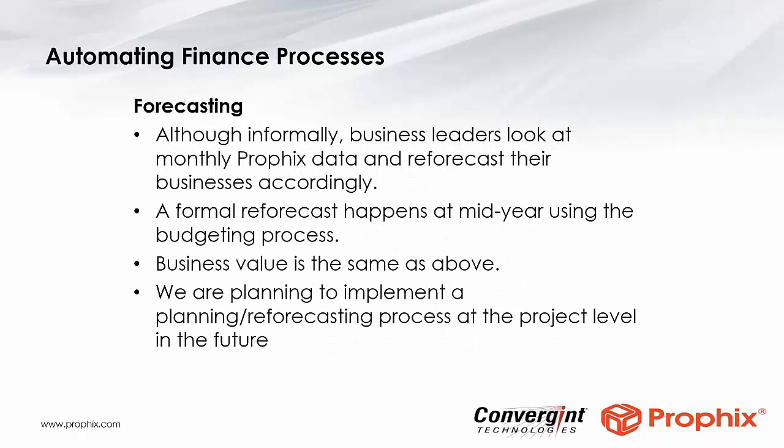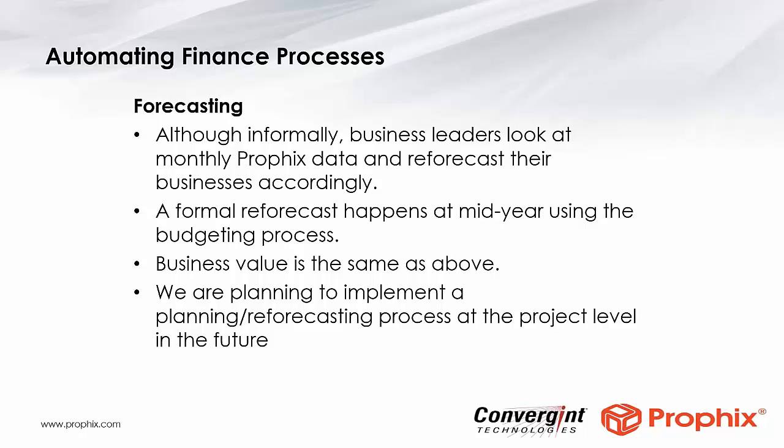I touched a little bit on our forecasting. The business leaders look at their monthly Profix data and reforecast their business accordingly. We do this reforecast at mid-year, and we use the very same budgeting process. We call it Bud 2. The first one is budget, and the second one is Bud 2. The leaders go into Profix and are able to do that.